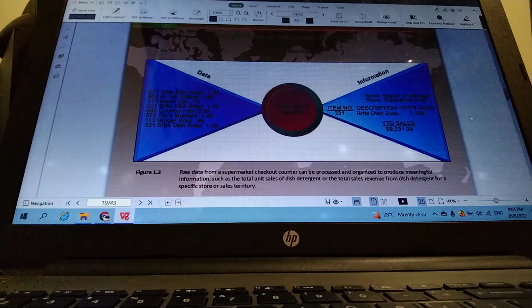Through the IT system, we process it as per the requirement and turn it into information, meaningful facts, such as item number is 331, sales region is Northwest, stored in superstore number 122, for example, the description is bright dish soap, and number of units sold is 7156, and so on.